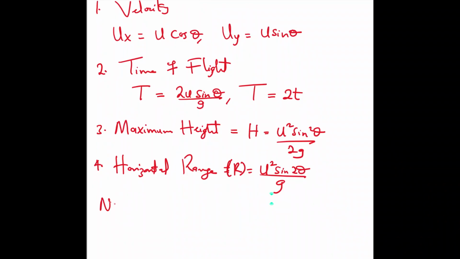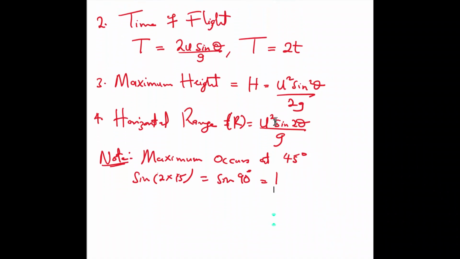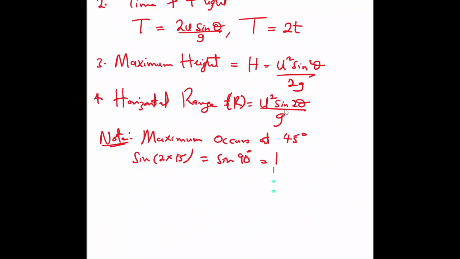One thing you need to note is that the maximum range occurs at 45 degrees, because when you do sine 2 times 45, that will be sine 90 degrees, and sine 90 degrees equals 1.